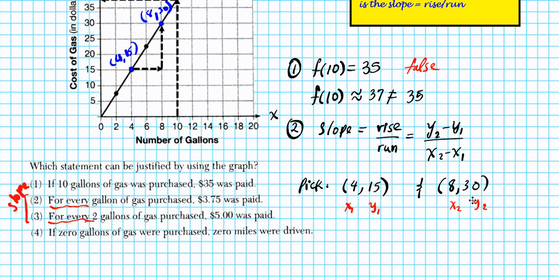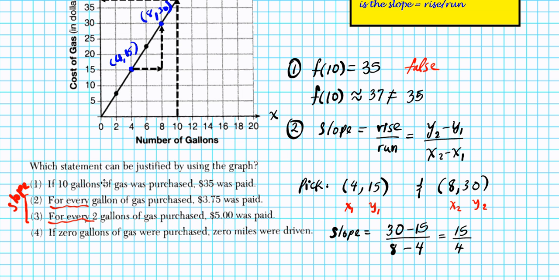All we'll do is plug these values into the slope formula and see what we arrive at. So the slope, y2 minus y1 is 30 minus 15 divided by x2 minus x1, 8 minus 4. When you subtract this, you have 15 divided by 4.